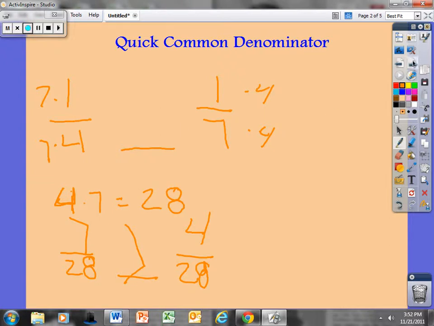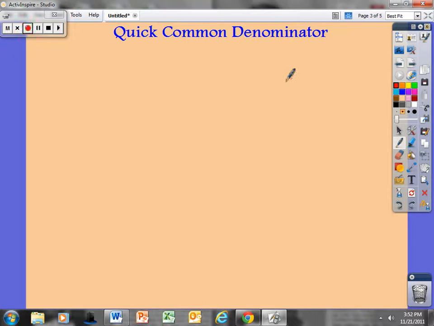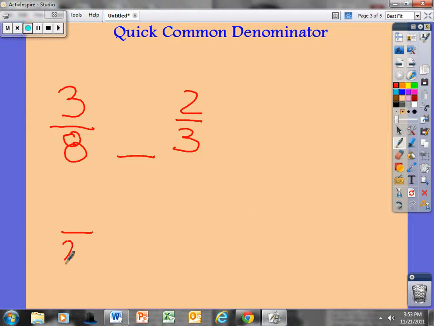Okay, if I try another example, let's go with 3/8 compared to 2/3. Using the quick denominator method, I know that 8 times 3 gives me 24.